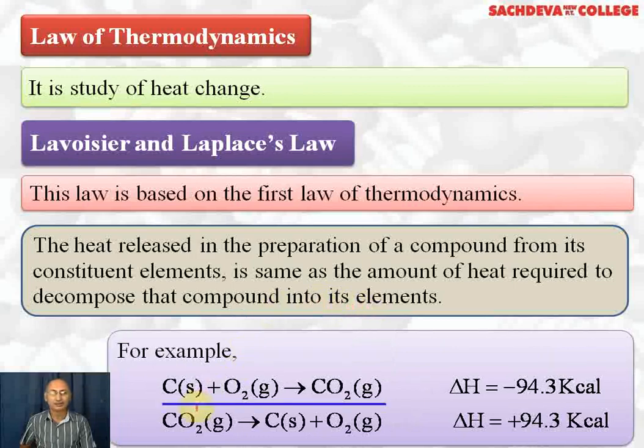For example, carbon plus oxygen gives you CO2 and delta H is minus 94.3 kilocalories. If you decompose CO2 into carbon solid and oxygen gas, delta H will have the same value with opposite sign. The sign becomes positive. This is the Lavoisier and Laplace law.